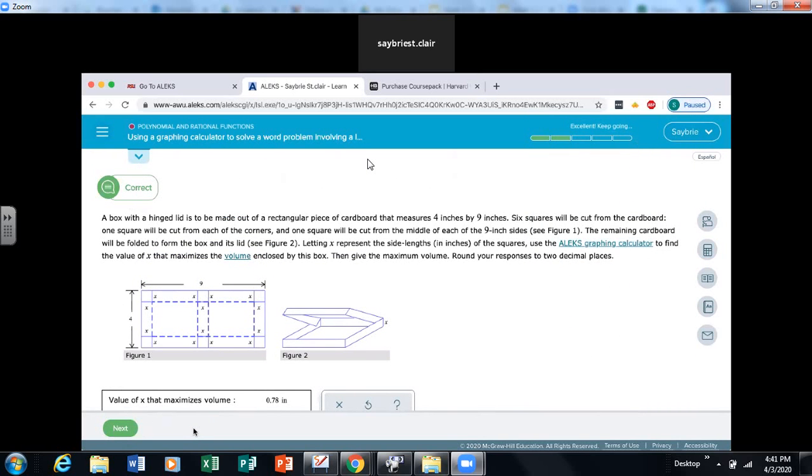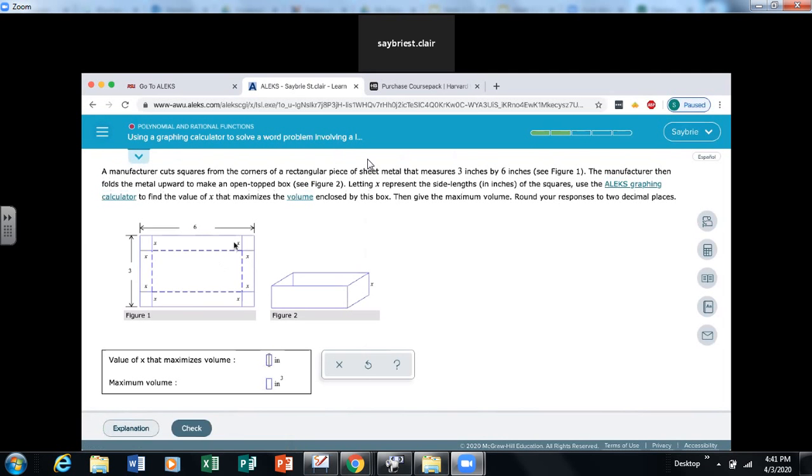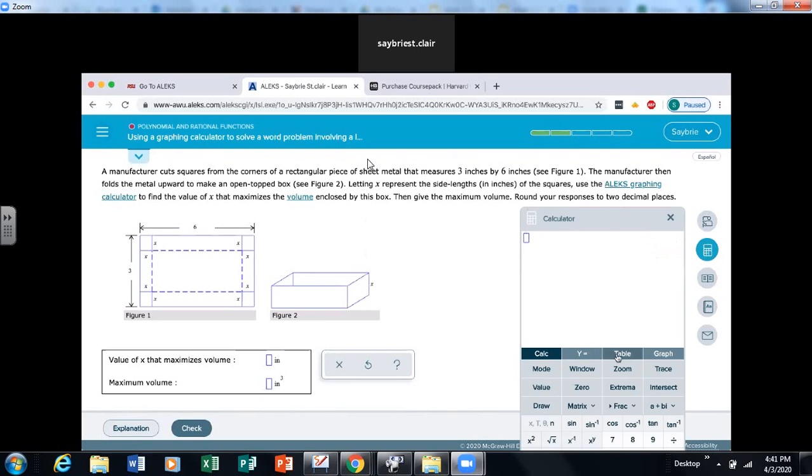Alright, we got the tools. Alright, we did one of these already. So this is just plain old 6 minus 2x in parentheses. And then the other one is 3 minus 2x.